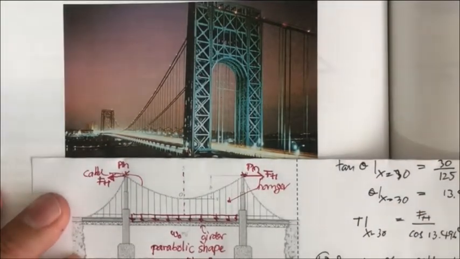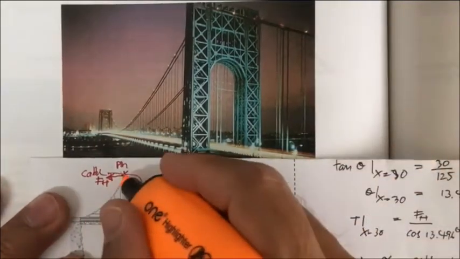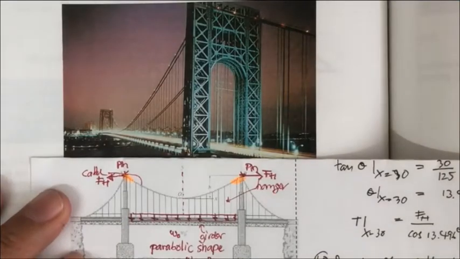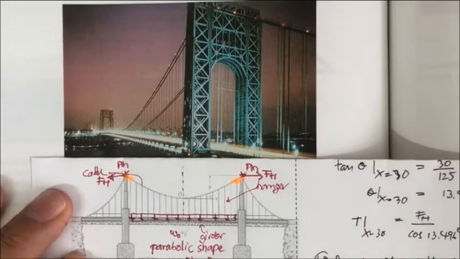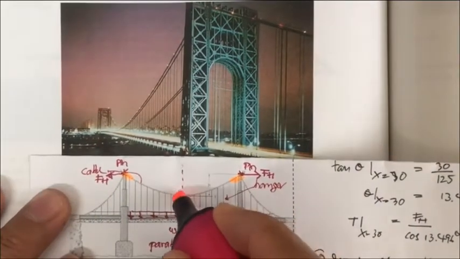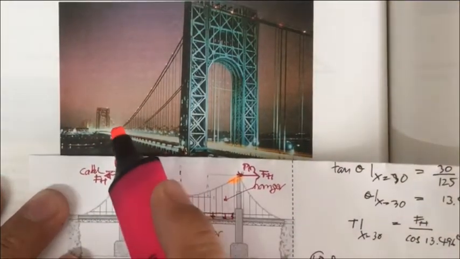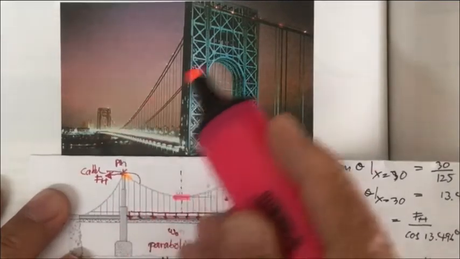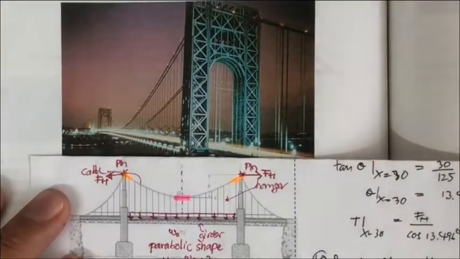One more thing about the cable that I should mention: the Tmax occurs at the cable that has the maximum angle with the horizontal axis. Most of the time Tmax occurs at the top of the support, and the Tmin is going to be here. So from this point, Tmin is over here and Tmax is here.